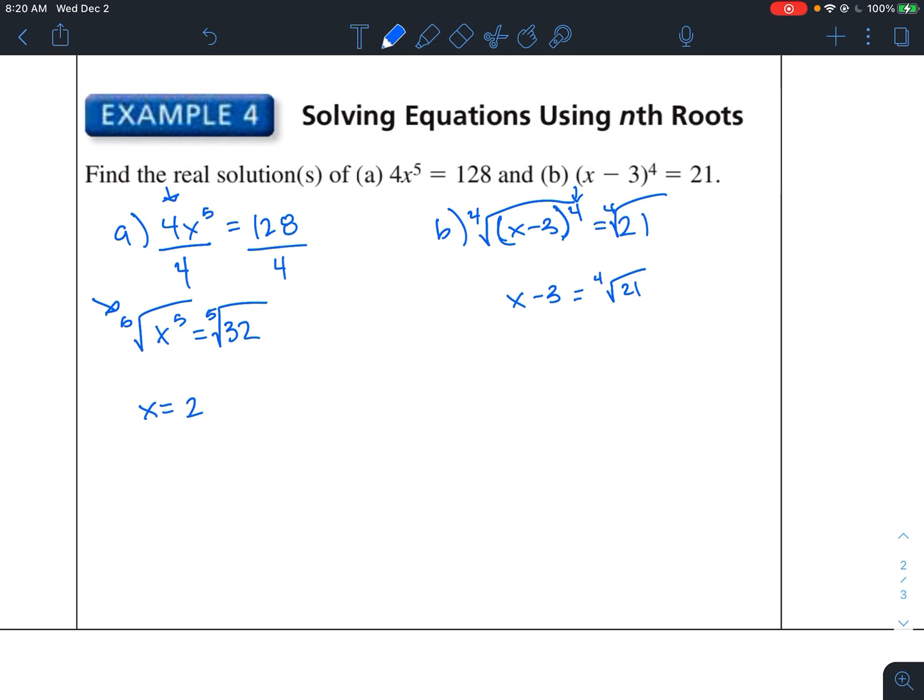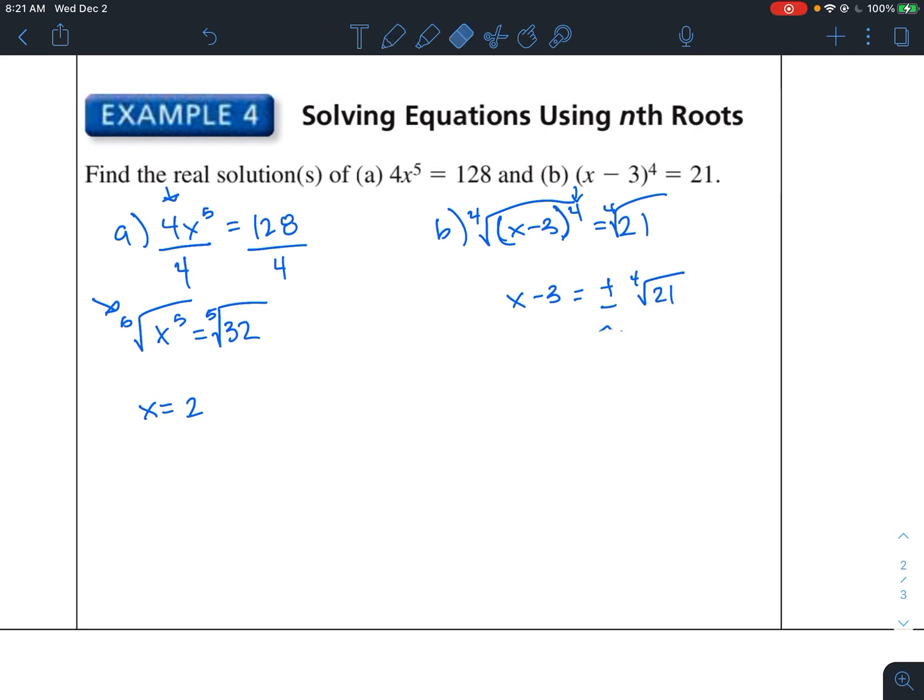Now also remember that we have the 4th root. Because the root is even, when we take the 4th root of something, that means we're going to have both the positive and negative. So that means we're going to have plus or minus the 4th root of 21. So we're going to have two answers.